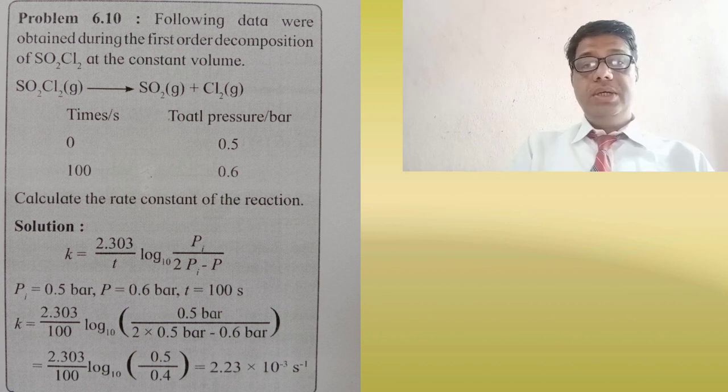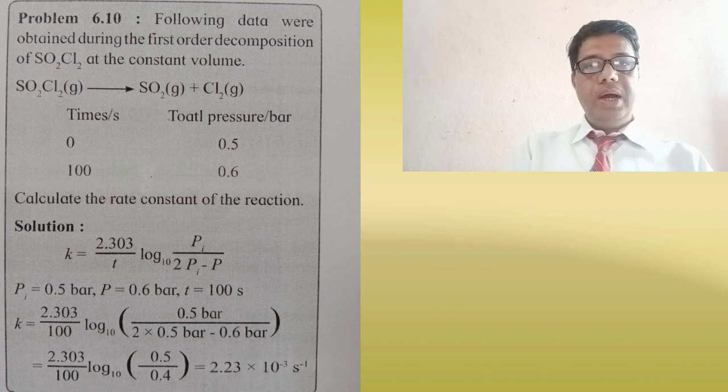So use the integrated rate law for the gas phase reaction, which you have seen earlier. That is k is equal to 2.303 upon t log to the base 10 Pi upon (2Pi minus P), where Pi is the initial pressure and P is the final pressure. Pi is equal to 0.5 bar, P is equal to 0.6 bar, and t is 100 seconds.